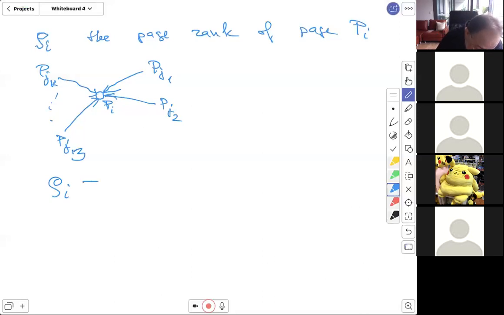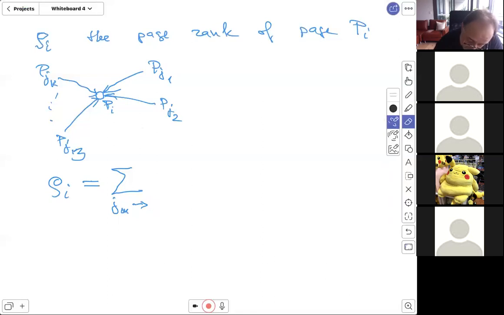And one formula that has this property is that rho i is equal to the sum over all j that point to the page i, okay? Maybe I should put it in a clearer form.